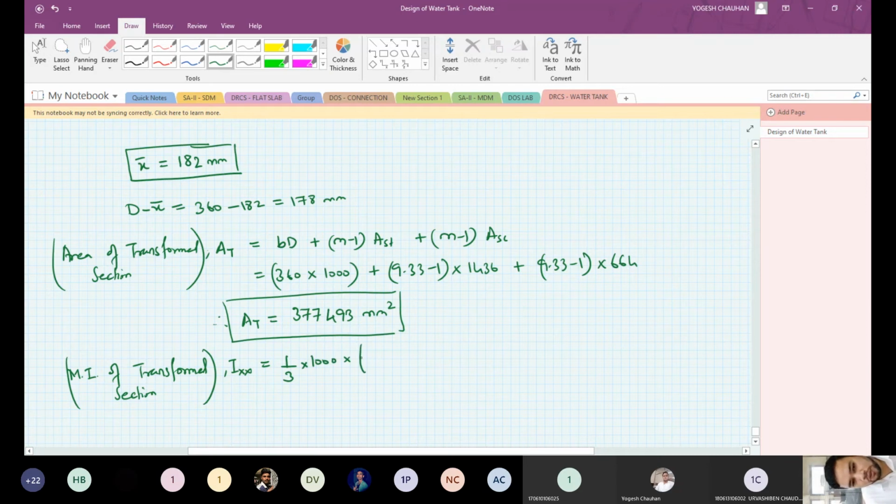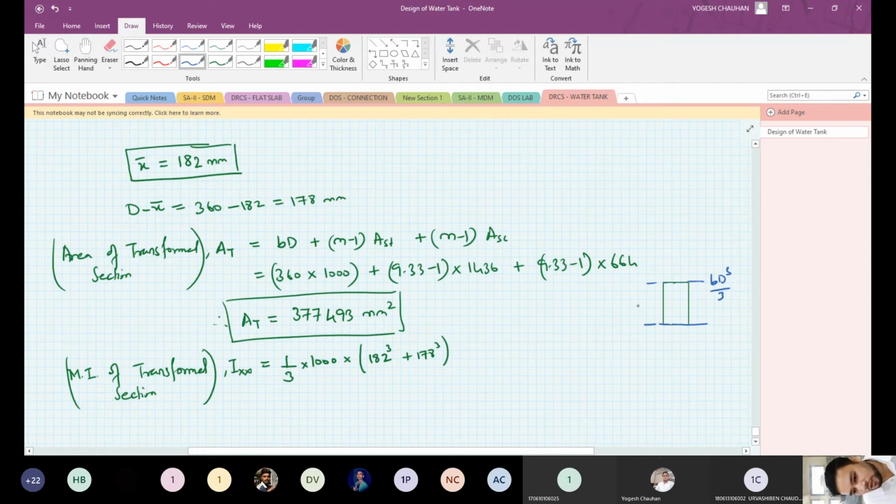B into D cube, D cube we are taking as 182 cube plus 178 cube. See, this formula is from, if you remember, for the rectangular section, the moment of inertia about the base or at the top is given by BD cube by 3.